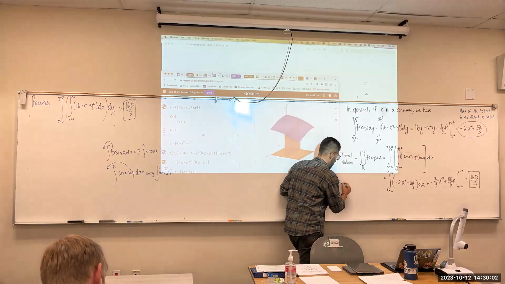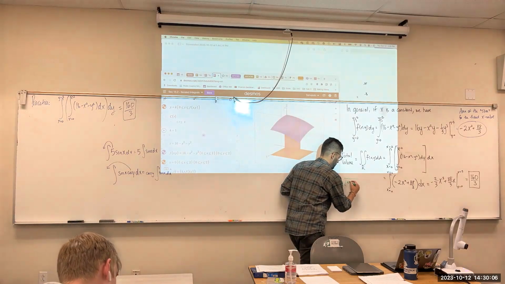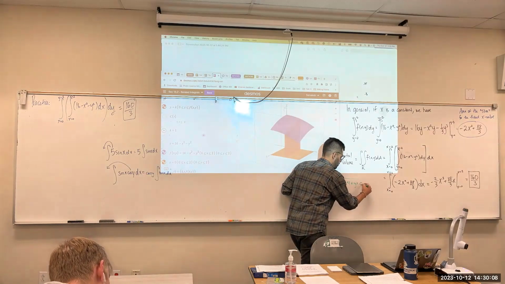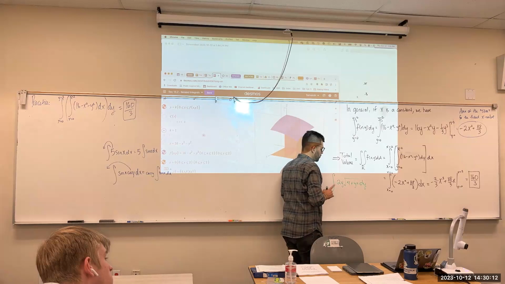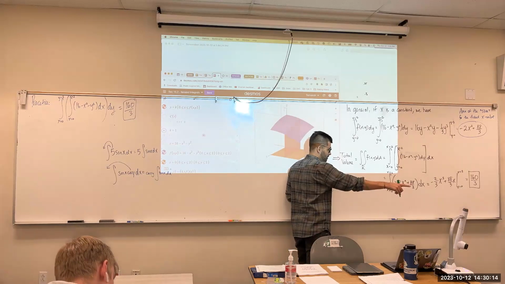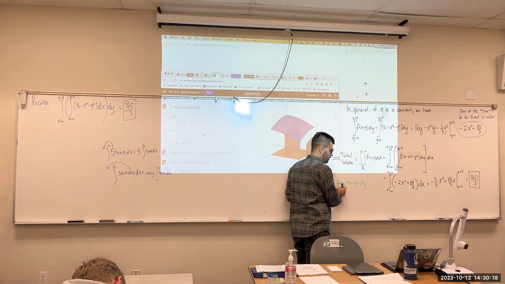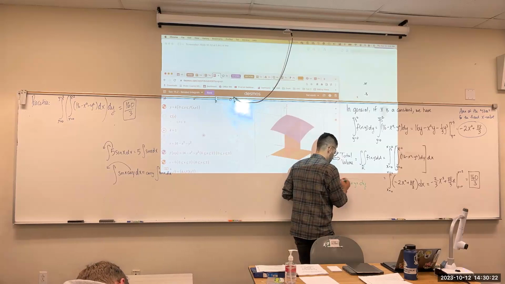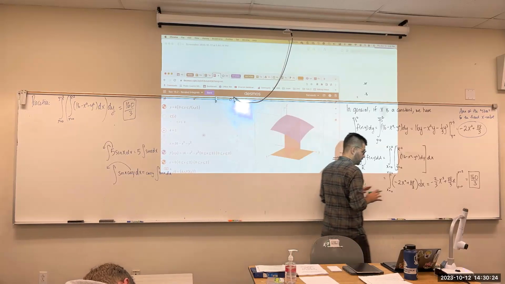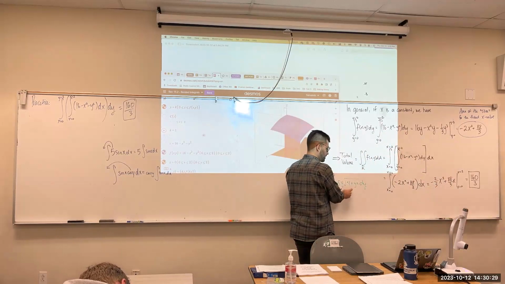So let's say you had something that looked like this. What rule can you use for that? You could use u-sub, right? Because here's y and then here's its derivative living inside there. Or even if it was like this, you can still do u-sub. So that's my hint. Try to look at that problem like this.